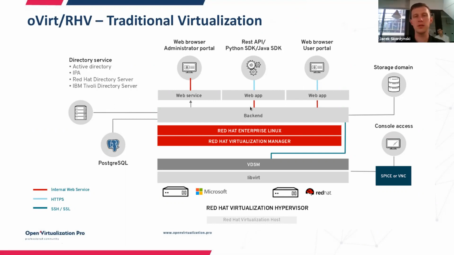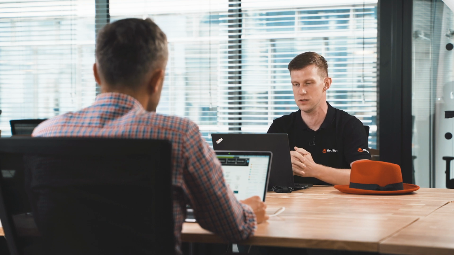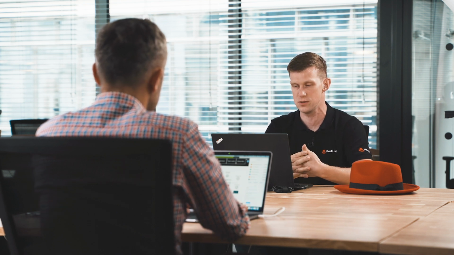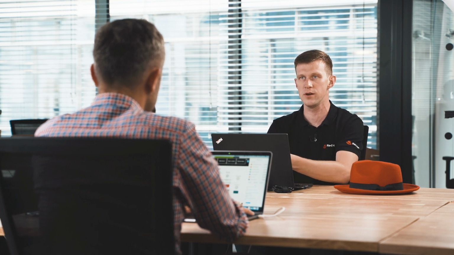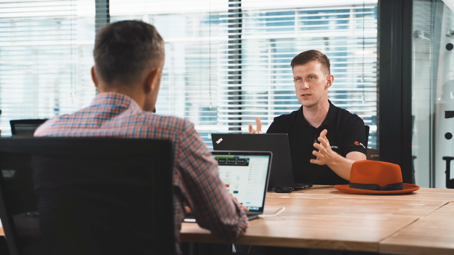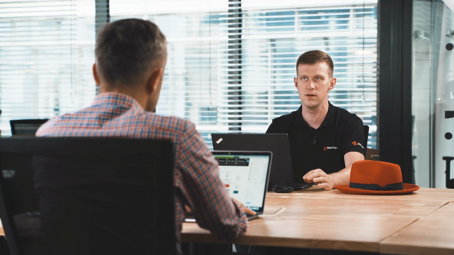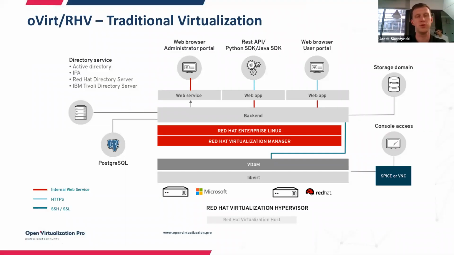Going a little deeper into details, you will see that the ground level for Red Hat virtualization is KVM. It's Linux, basically speaking, with KVM as the engine for virtualization. For those of you who already know KVM, the basics are there, and you already know the ground level for Red Hat virtualization.